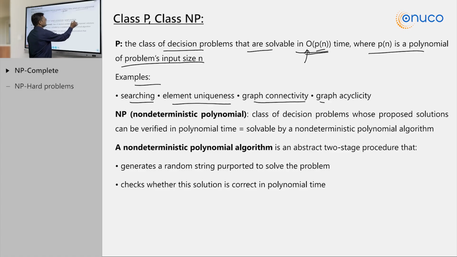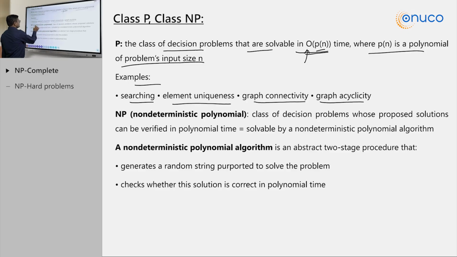Graph acyclicity, whether a graph has no cycle present; we used that concept in topological sorting to check whether the graph has any cycle or not. Even for the Bellman-Ford algorithm we checked whether the graph has any negative cycle or not. If there is a negative cycle, then we write that no solution is possible.